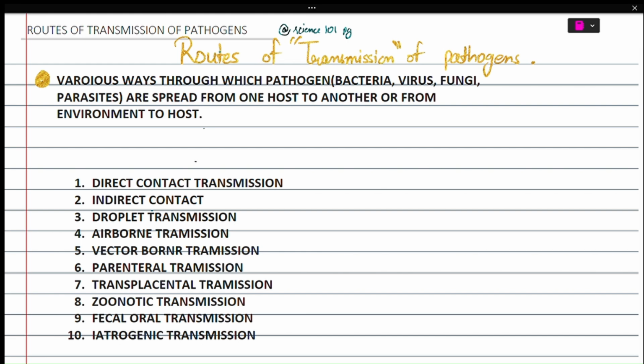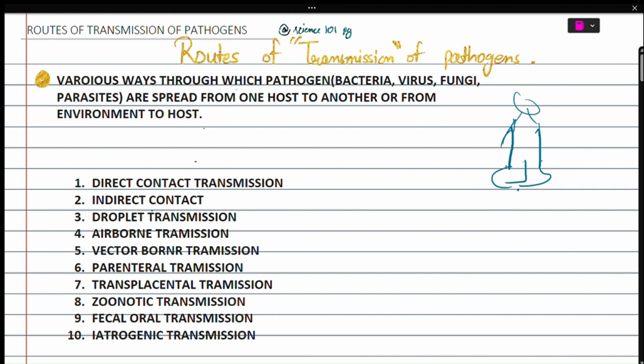In this class, we are going to learn about the routes of transmission of pathogens. In this lecture, I'm sorry for my bad drawing, but here is a human body.